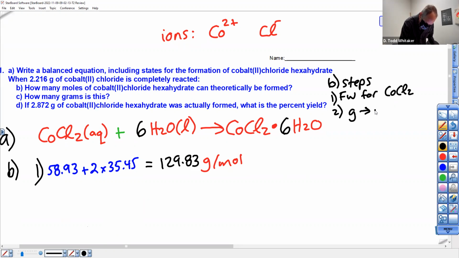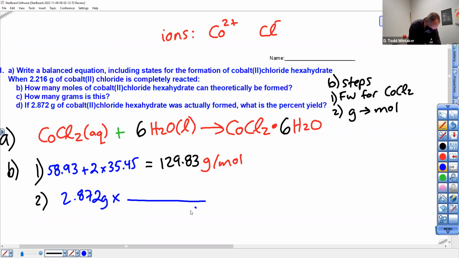And step 2. Grams to moles. The grams given in the question, 2.216, times something that gets rid of grams and gives me moles. Oh, you just did that. 1 mole for 129.83 grams.